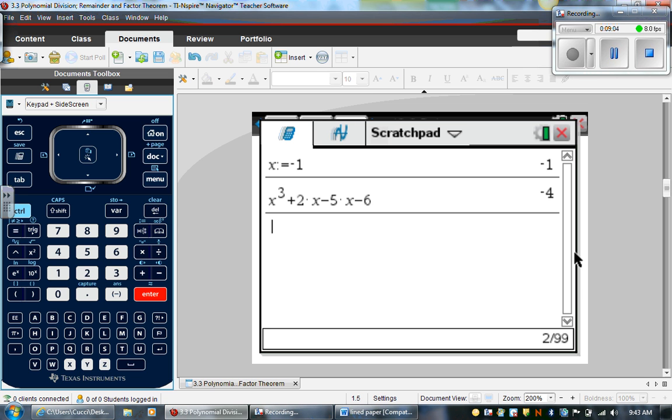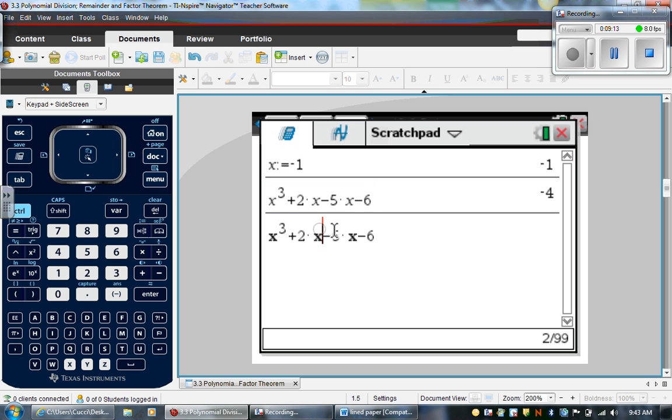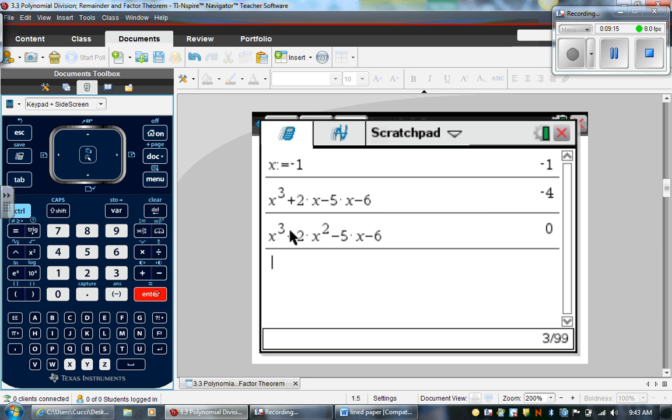And we get negative 4. Did I type in something wrong? I did. I missed a square, didn't I? Let's change that. Okay, so we get 0. Okay, so that matches with our remainder, so we're good.